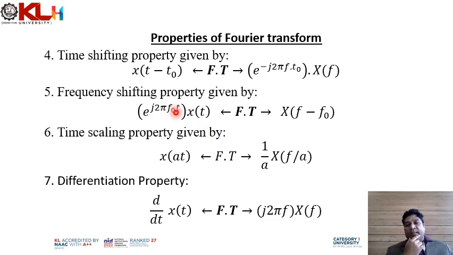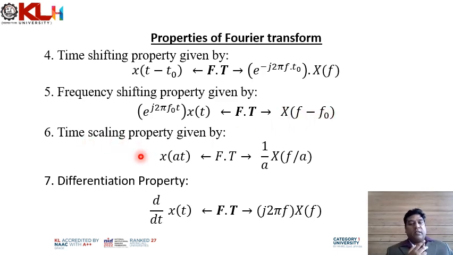Now another property is the time shifting property x of t minus t naught. The Fourier transform will be e power minus j 2 pi f t naught into capital X of f. The frequency shifting property is the reciprocal of the time shifting property. Now we take x of t, multiply with e power j 2 pi f naught t. Then the Fourier transform will be capital X of f minus f naught.